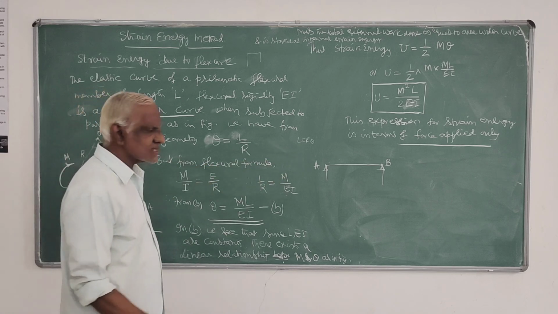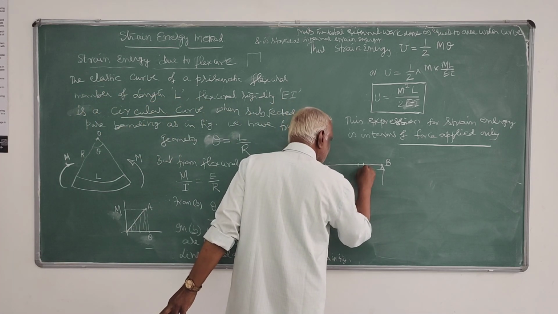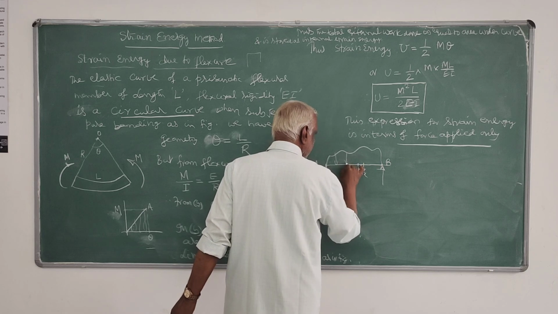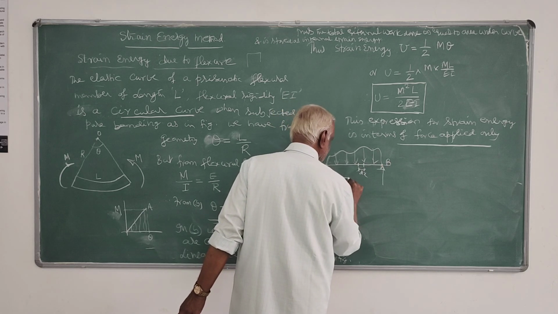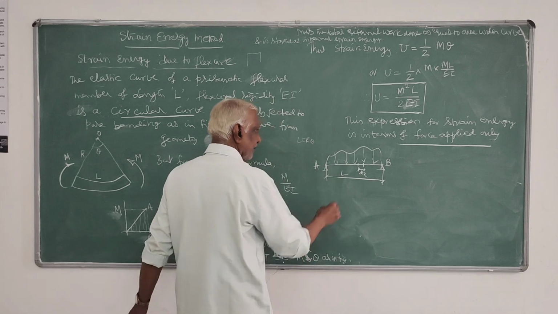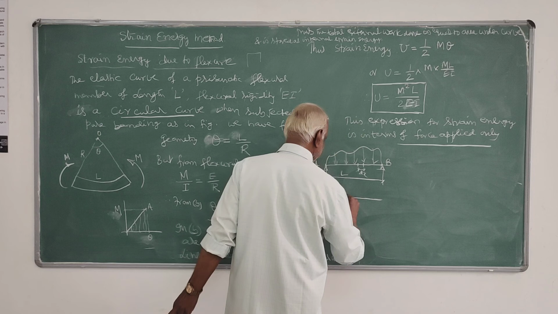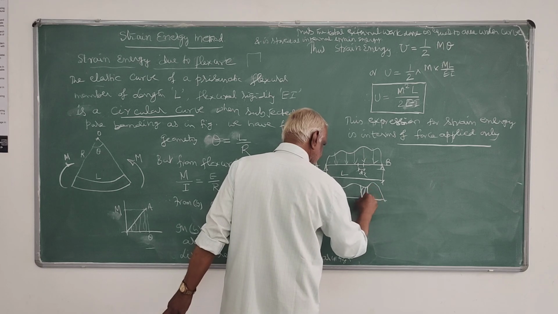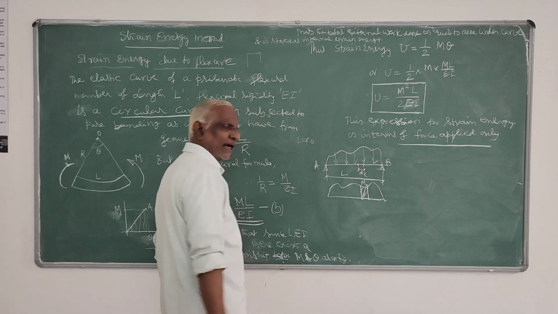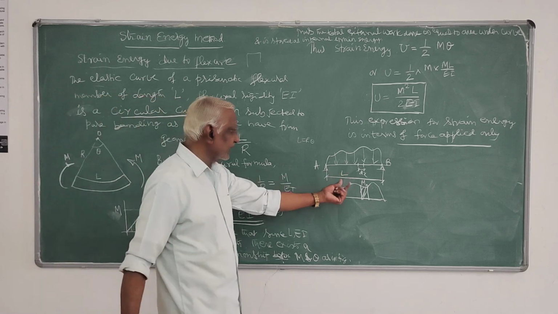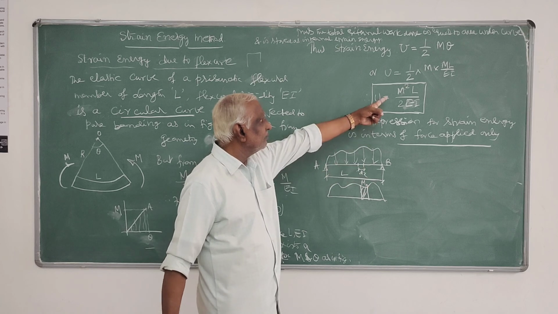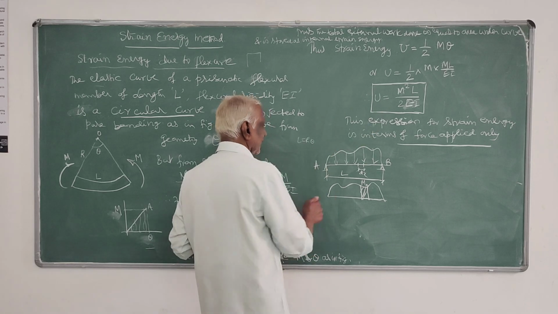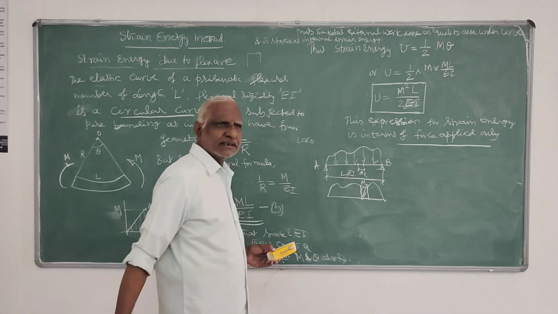If you take any member like this, and take a segment here, dx, and this beam is subjected to some kind of loading, and L is the length of the member, and the bending moment diagram is somewhat like that, and in this segment dx, if Mx is the bending moment, then the expression for strain energy stored in that segment or element will be Mx squared, instead of L you have dx, divided by 2EI, and here EI is the flexural rigidity.